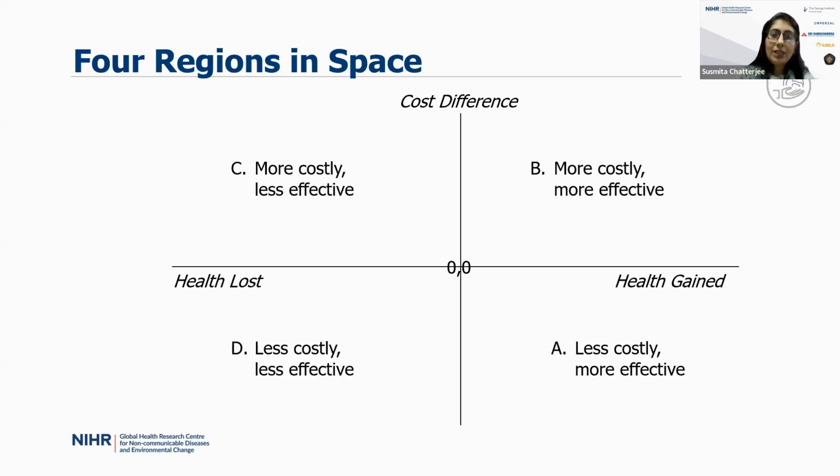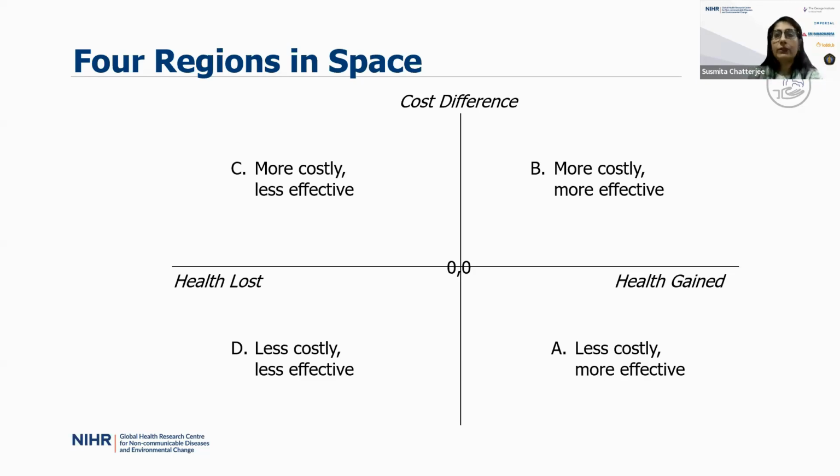And in this situation, what we do is to say whether my intervention, even if it is in D or even if it is in B, whether I will go for it or not, is dependent on the cost effectiveness threshold.